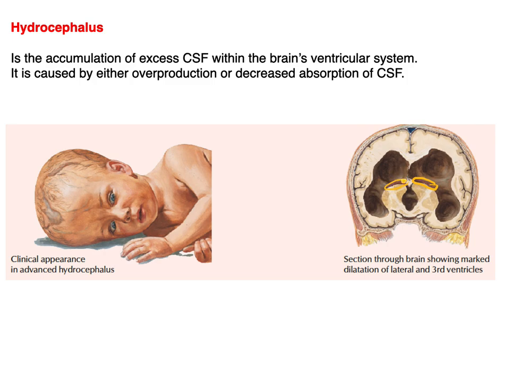Anyway, if there is overproduction of CSF, or if there is decreased absorption, the result will be enlargement of the ventricles, as you see here, and enlargement of the brain and head, something called hydrocephalus.